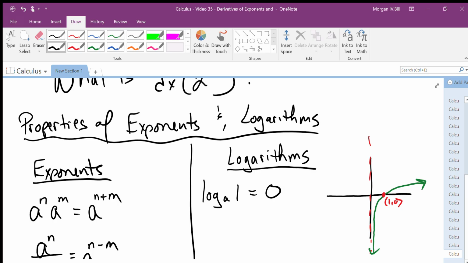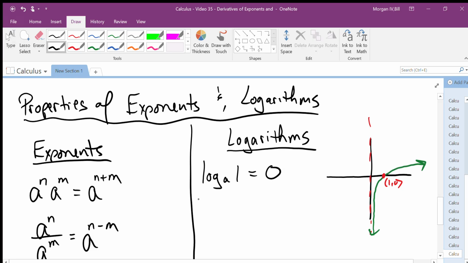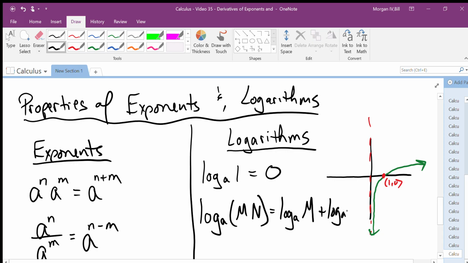Property number 2. If you take log base a of 2 functions multiplied together, picture m and n not just as numbers here, but 2 functions multiplied, you can separate those and make this log base a of m plus log base a of n.